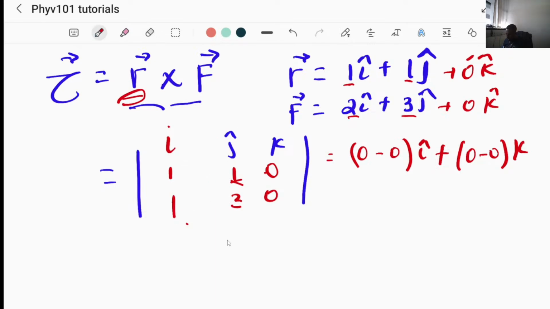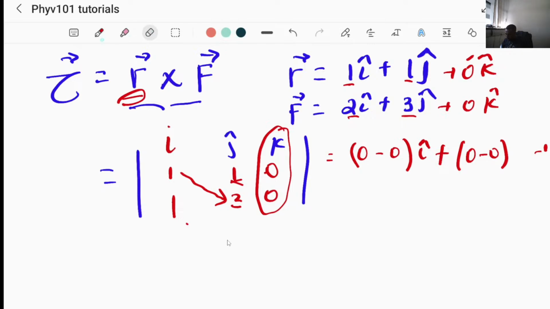That is 1. When I'm doing the k component, forget about that component. You go this way. First do this one, 1 times 3. Plus, that is not k, this one is the j component.